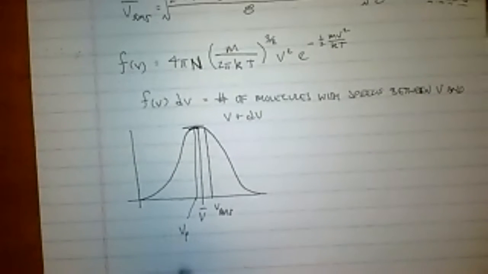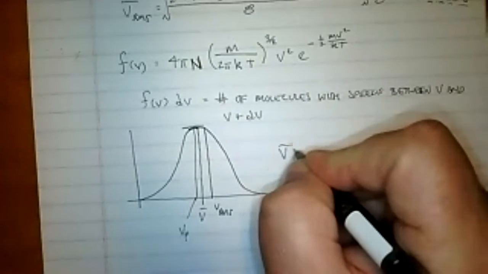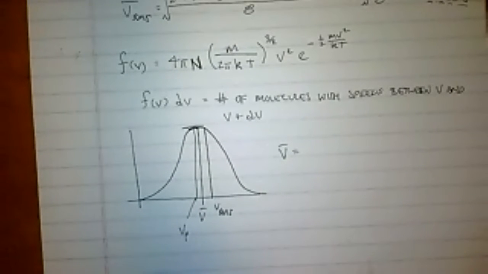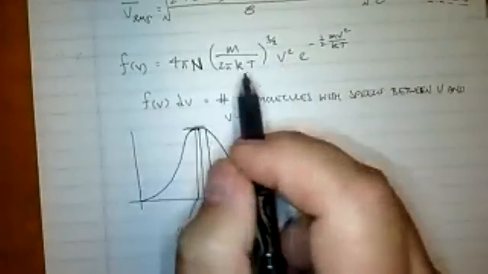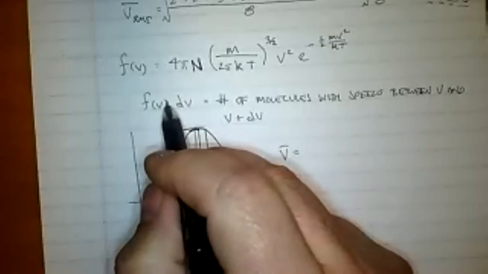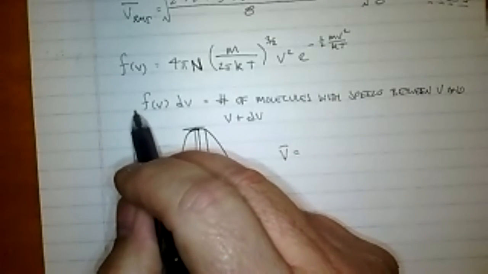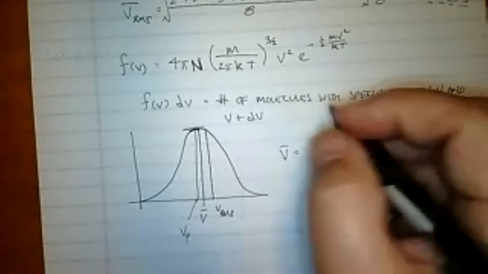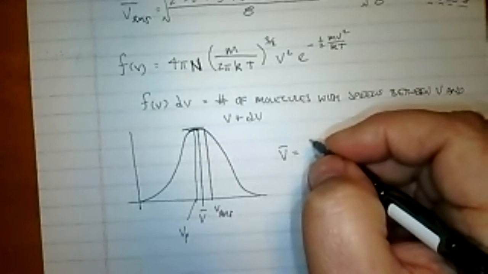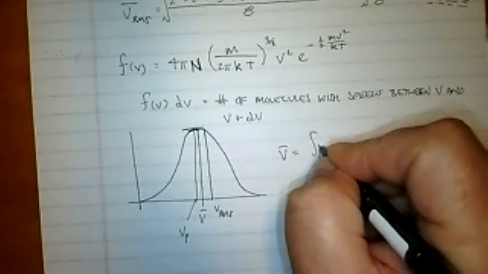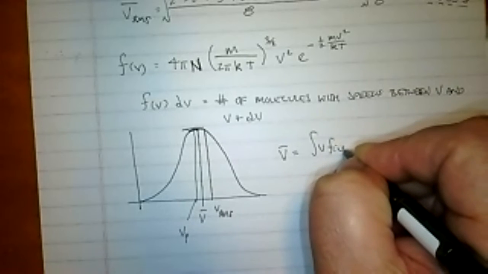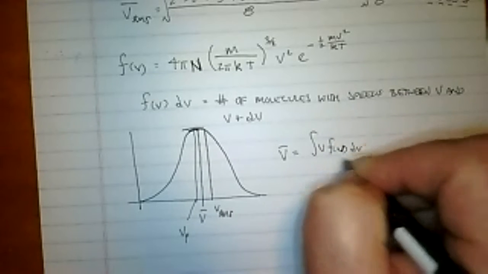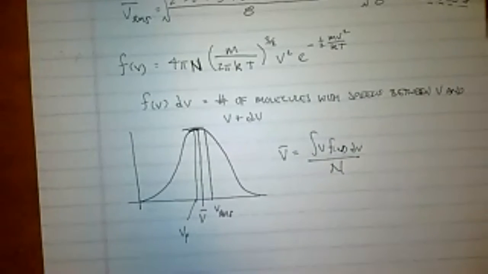For instance, if you want to calculate the average velocity, you take the probability of it having such a velocity, which is this quantity, and you multiply it by the quantity you want it to have, which is v. So the average velocity, in fact, is just the integral of v, f of v, dv, and then you divide that by n.